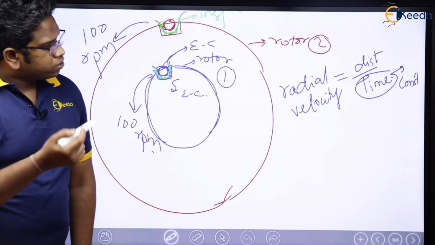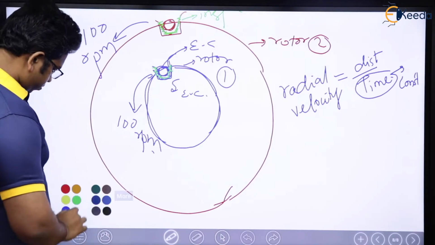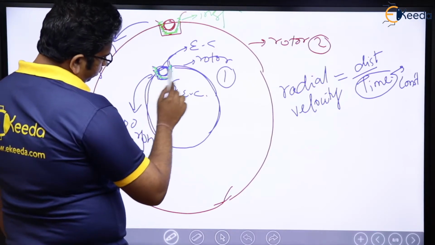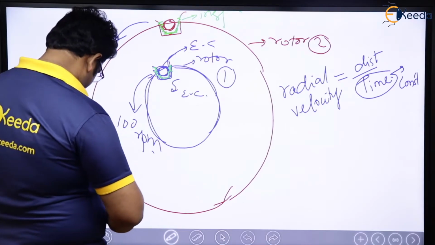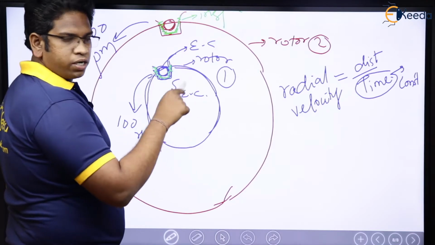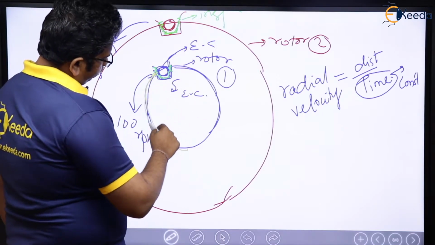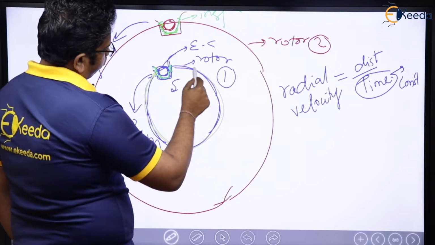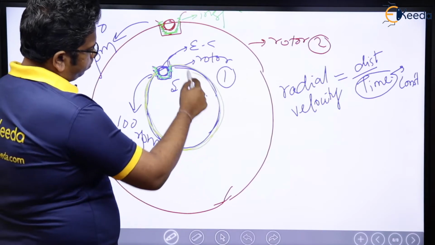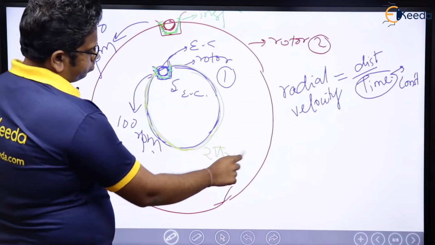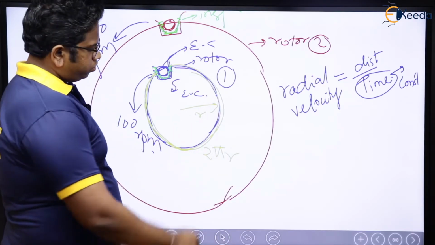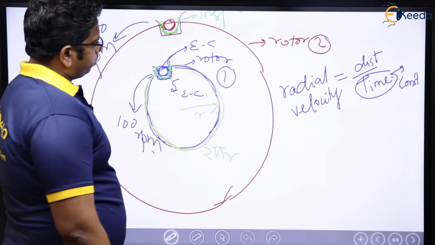But let us think about distance. If you think of this particular rotor, it has to cover this much distance, the circumference 2 pi r. Let us say this is r, and 2r is nothing but the diameter, we know that.